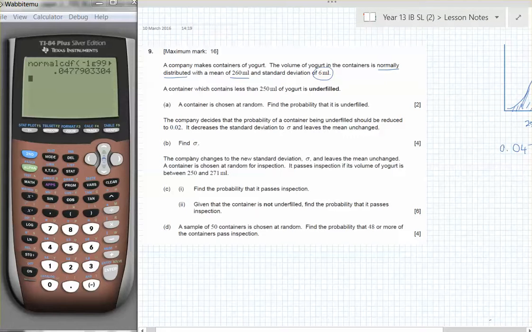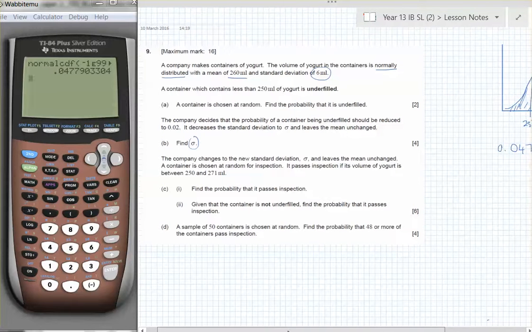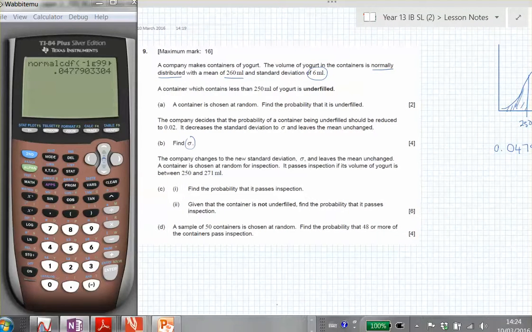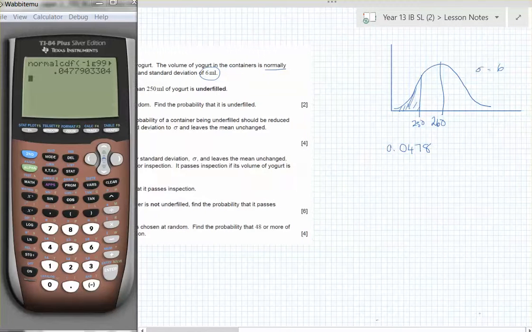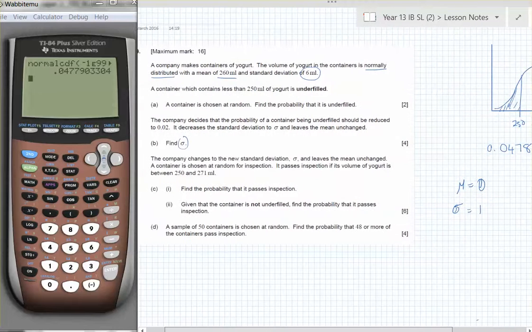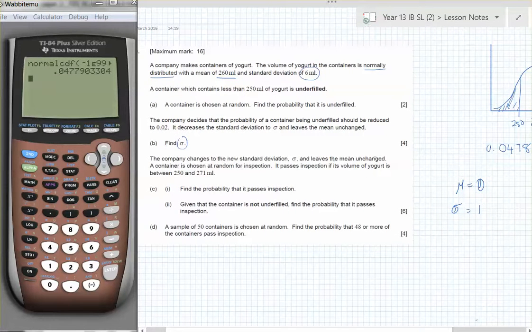Okay, to solve this next problem, because we're changing our standard deviation, the best way to be able to solve these problems is to use the equations that we have for our standard normal distribution. So we're going to use a standard normal, and you know with standard normal that we have a mean of 0, standard deviation of 1, and we want to leave the mean unchanged.